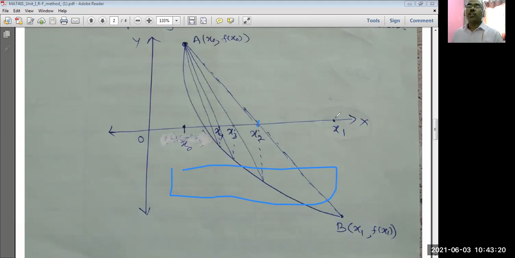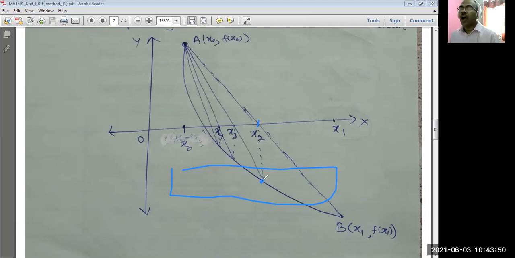f of x0, f of x2, and then f of x1. Again, you choose the subinterval so that the function values are of opposite sign. Now here, what is the function value at x2? What are the coordinates of this point? x2 comma f of x2.